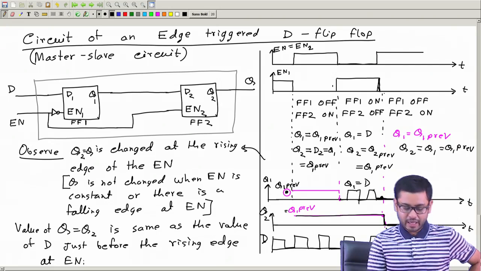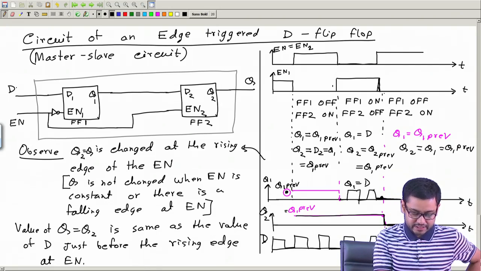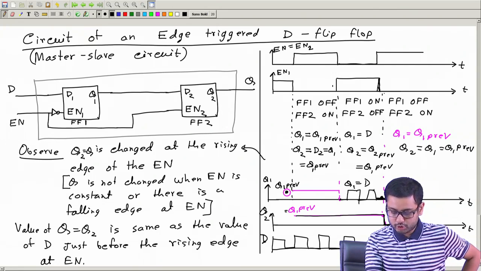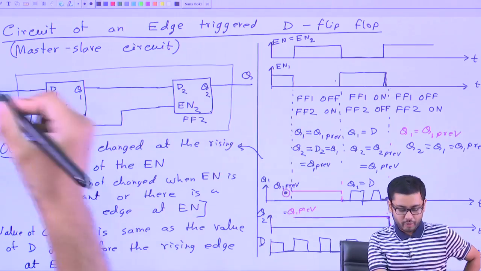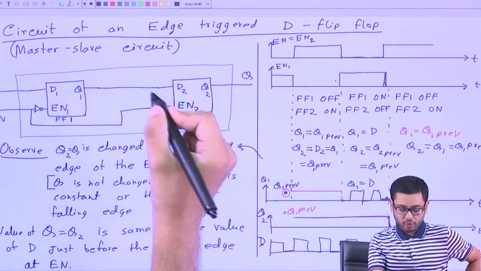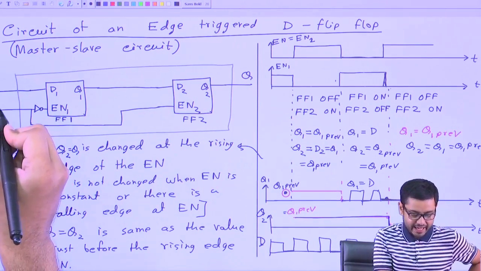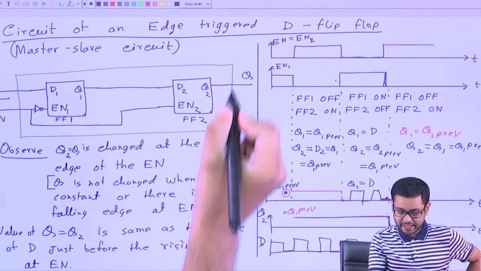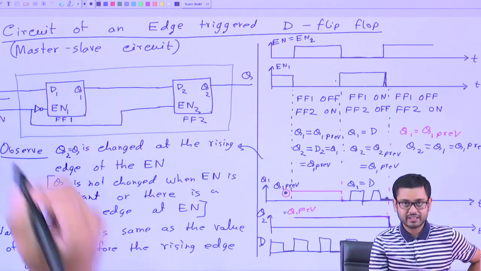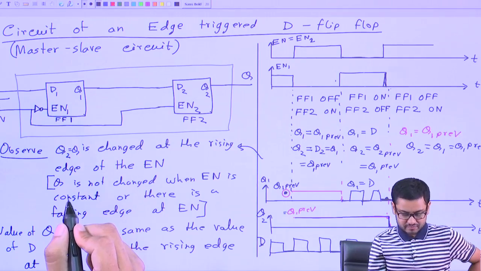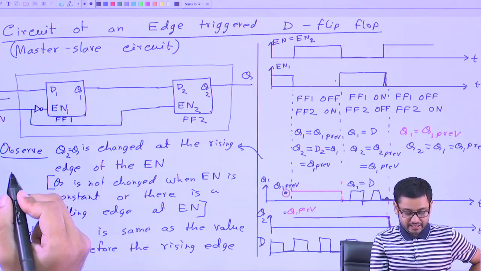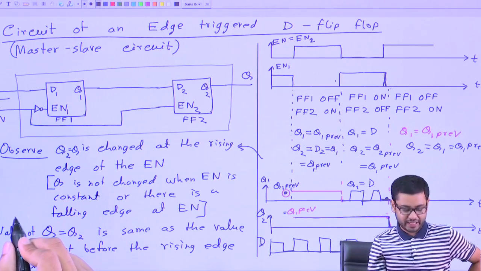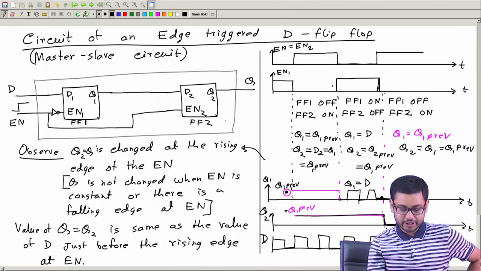So in summary, this value of D is copied to the Q from D to Q only during the rising edge of this enable signal. Therefore, this circuit behaves like a rising edge sensitive, positive edge sensitive D flip flop.